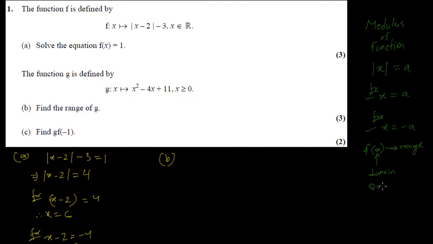There is a special rule for the range of a quadratic function. Now for a quadratic function, if the turning point is a maximum, then f(x) has to be less than or equal to the maximum value, that is the y coordinate of the turning point. And if it is a minimum value, then f(x) is greater than or equal to the minimum value. So whenever we are talking about range, we are actually talking about what values are possible.